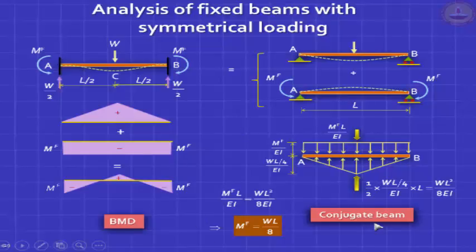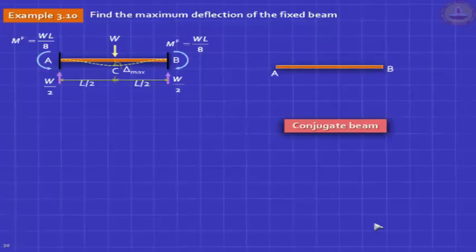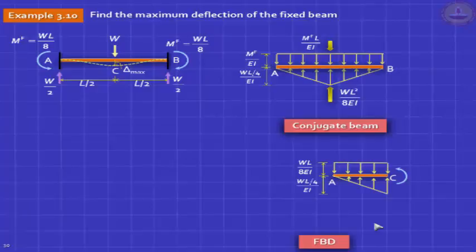If the beam is subject to any symmetric loading, you'll get this. So we've cracked this. We can go one step further and calculate the deflection also. How do we do that? Take the same problem. Now we know the answer, WL by 8. That's the maximum deflection in the middle. Conjugate beam is free. Those are my loads. I know the deflection is maximum at the middle, and the slope there is 0 because these two are going to be exactly equal.